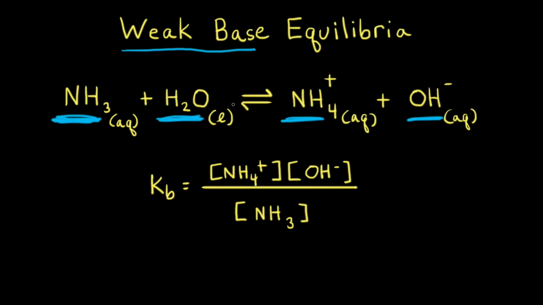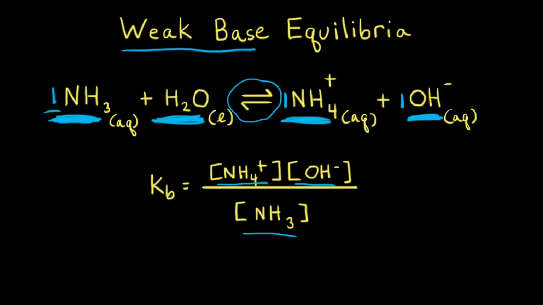This reaction comes to an equilibrium, so we have an equilibrium arrow in here, and we can also write an equilibrium constant expression. So first we look at our products. We have NH4+, and there's a coefficient of 1 in front of it, so it'd be the concentration of NH4+ raised to the first power, times the concentration of the other product, hydroxide, which also has a coefficient of 1, so it's the concentration of hydroxide raised to the first power, divided by the concentration of ammonia, and the coefficient is also 1, so that's also raised to the first power, and water is left out of our equilibrium constant expression.